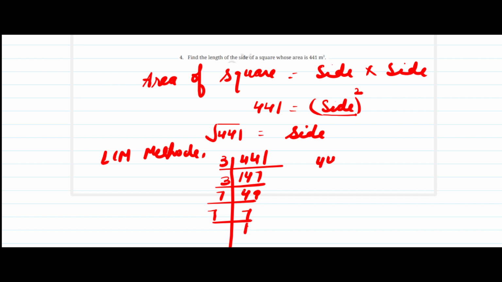So 441 can be written as 3 into 3 into 7 into 7. We need to find out the under root of this.